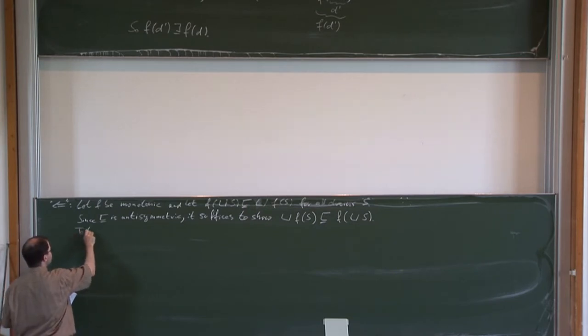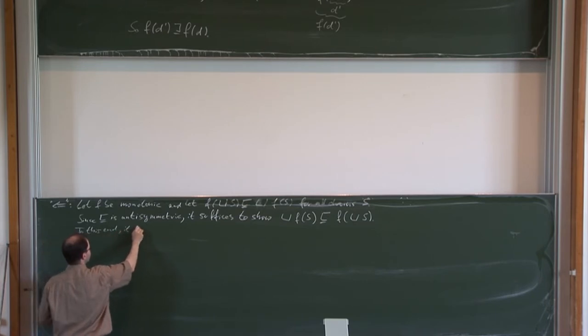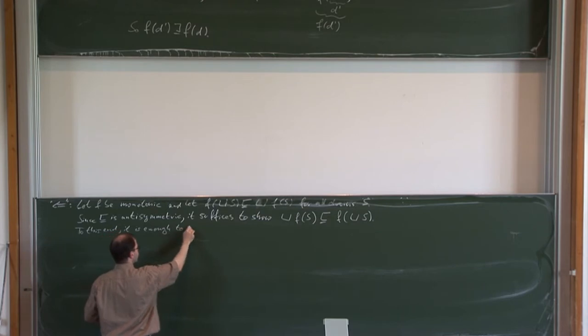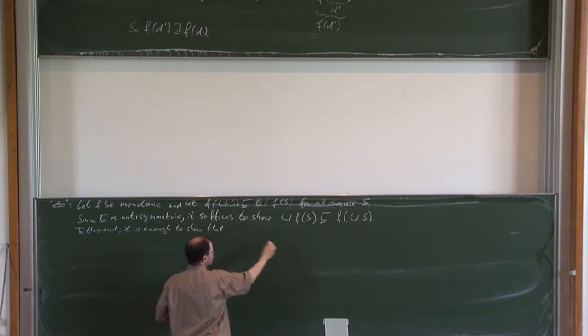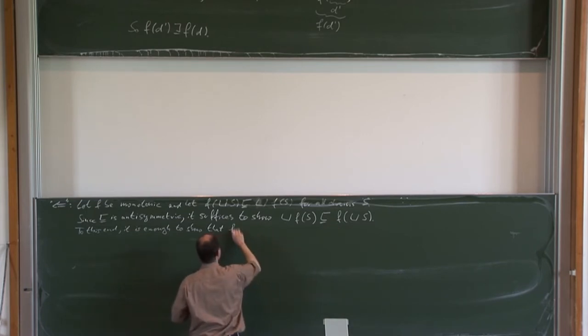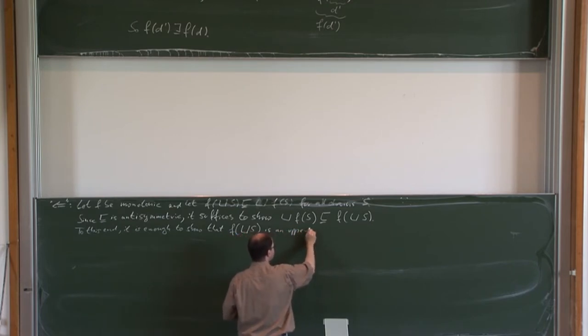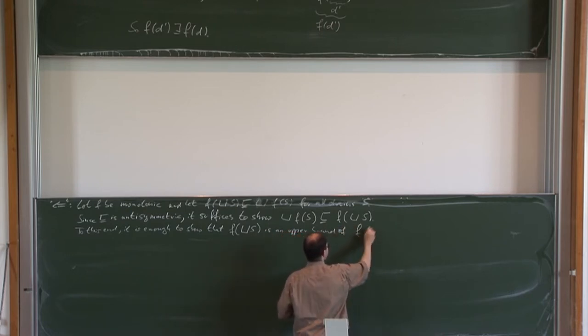So to this end, it is enough to show that this thing on the right-hand side, so this here, is an upper bound of f of s.